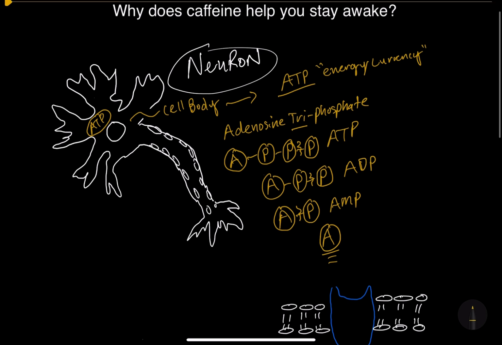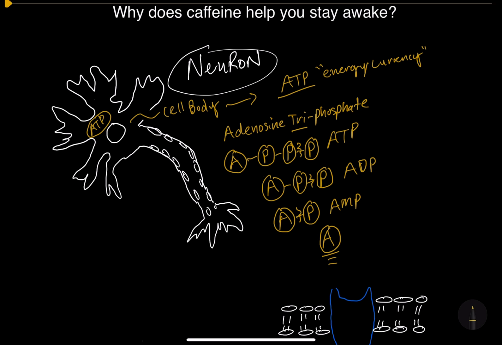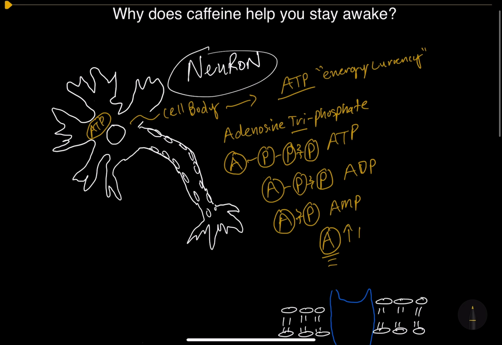Adenosine itself in the central nervous system is going to build up over time, right? It's going to build up, especially as the day goes on, so you're going to have high levels of adenosine. Adenosine, when it's by itself and elevated, is going to promote sleep, because it's showing that your energy stores are wearing out throughout the day.